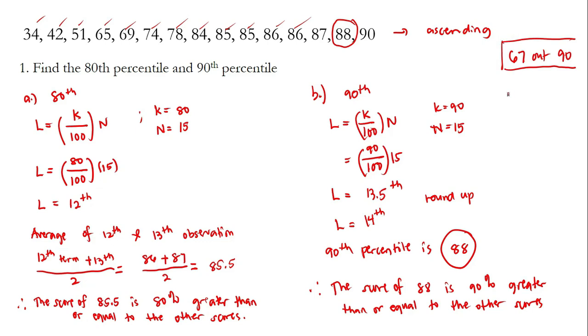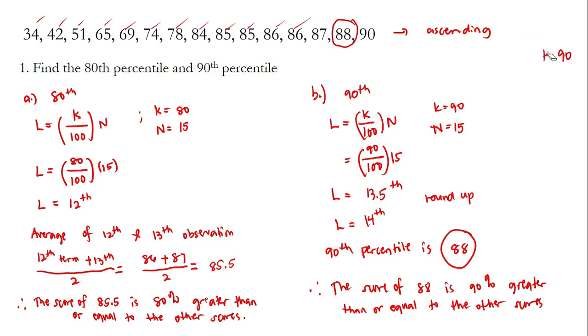Like for example, if there are 30 students in your class, and you scored 67 out of 90, and then you identify what position you are. Like maybe you are the 10th highest among all, then you can use this formula to identify the percentile. Okay, let us have an example for this.